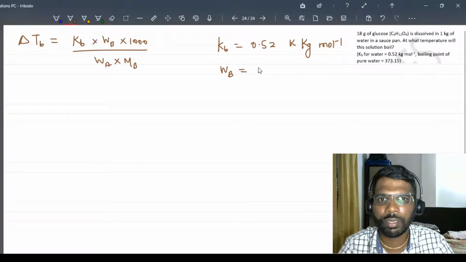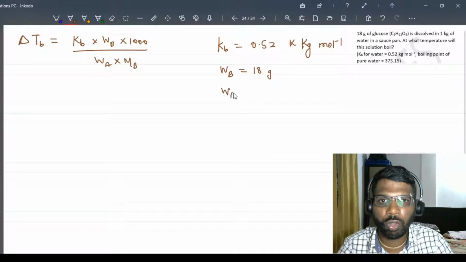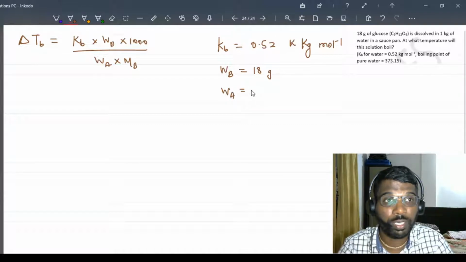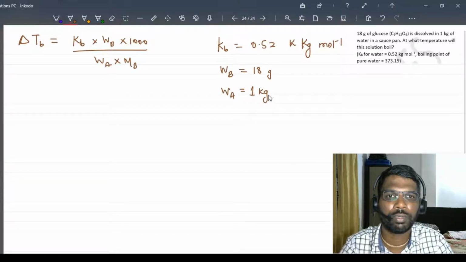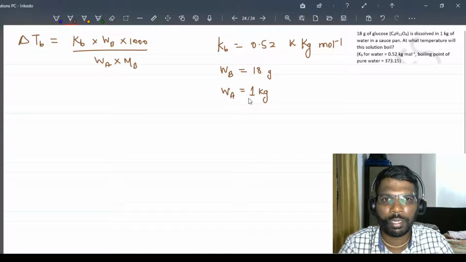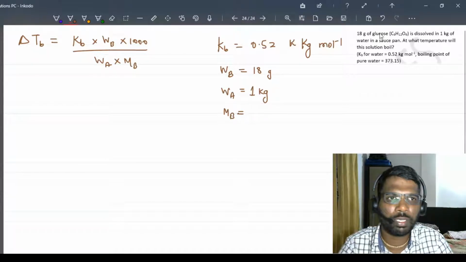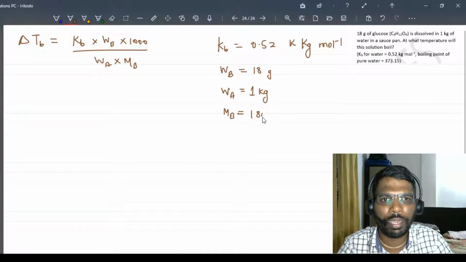I'll write here, this is 18 gram. Then the weight of the solvent is given to be 1 kg. It is given to be dissolved in 1 kg of water. Then MB, the molar mass of the solute, is glucose, and in the last example, we calculated it to be 180 grams per mole.